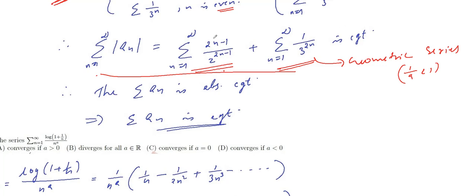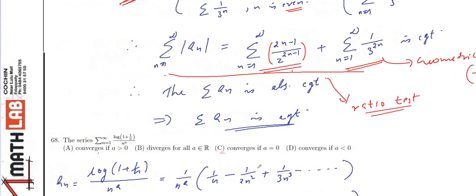For this one, (2n minus 1) by 2 to the power 2n minus 1, I'm not going to work it out, but you can apply the ratio test here. We have done tests like this before. Apply the ratio test, and you can see that this series also converges. So these two series converge. That means sigma |a_n| is also convergent.